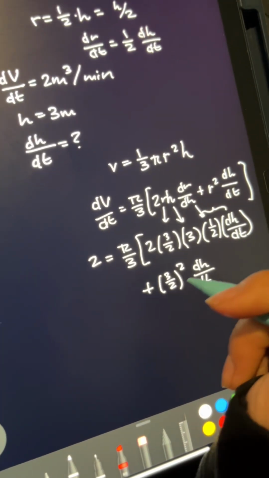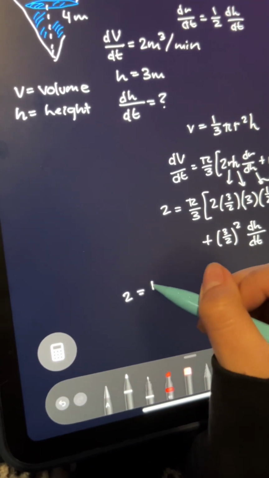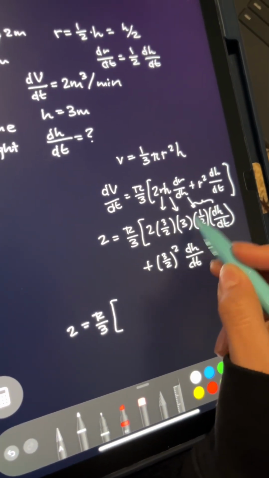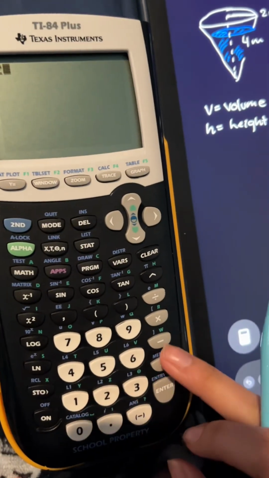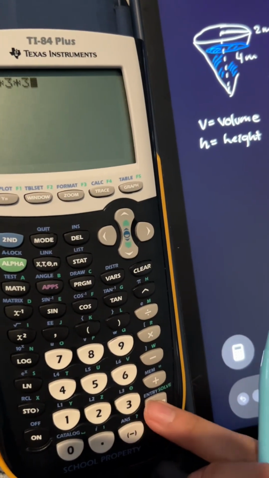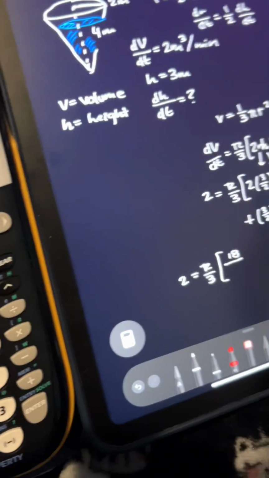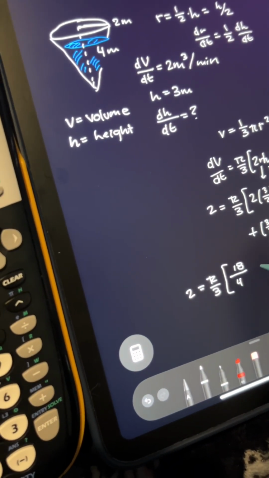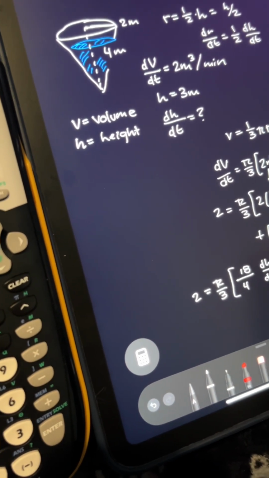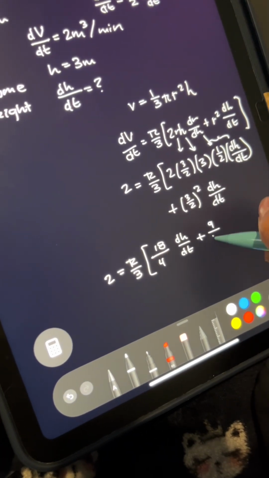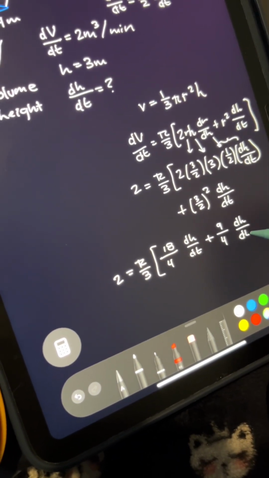And now we just plug it into the calculator. You could take this time to do it yourself. 2 equals pi over 3, and we have all these that we're multiplying. I'm going to multiply the numerators first, just because that makes it easy on me. 2 times 3 times 3 equals 18, over the denominators, 2 times 2 equals 4, dh over dt, plus 3 squared, which is 9, over 2 squared, which is 4, dh over dt.